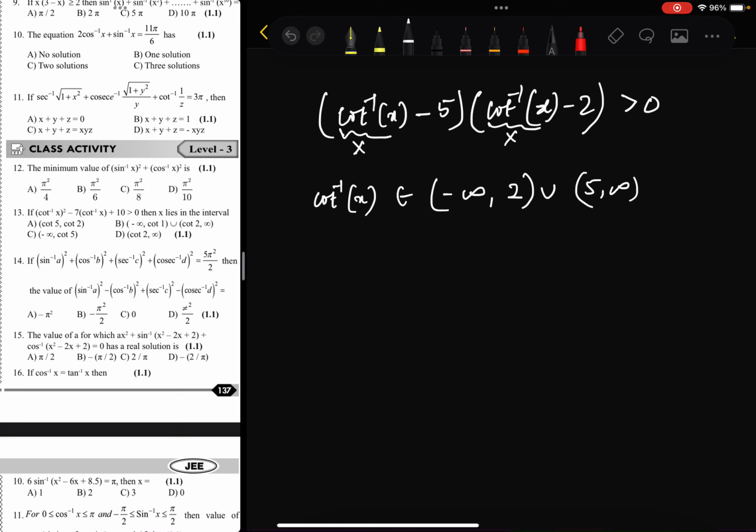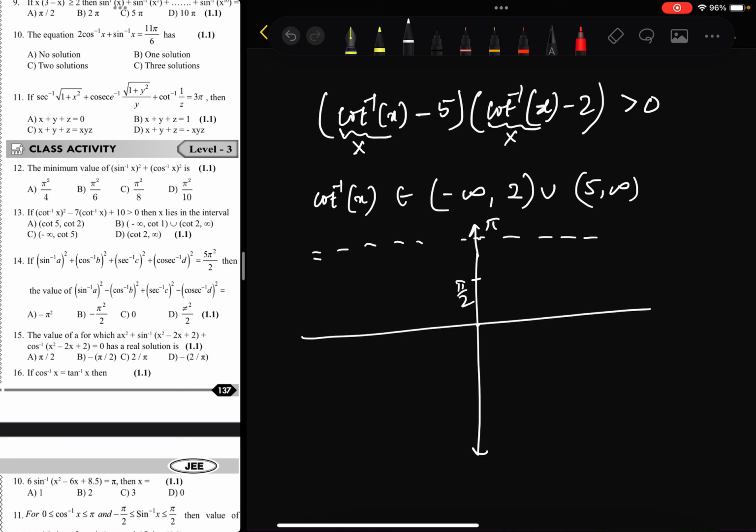Now we have to find values of x within this. So let's draw the graph of this also. This is the line y equals pi. This is 0 and this is pi by 2. So the graph of cot inverse is this one. Where is cot inverse equal to 2? This is 1.57, so suppose 2 is here.